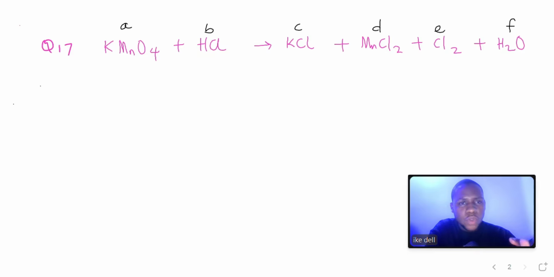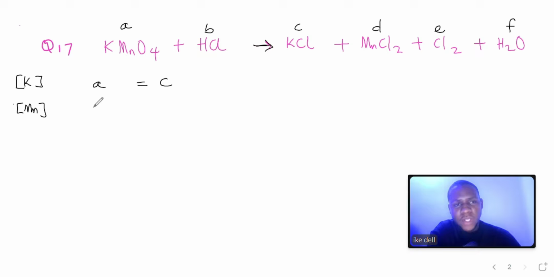Okay. So A, B, C, D, E, F, right? Now we're going to compare the K, comparing potassium. On this side, we have only one potassium here. So that's like A, and then this is our arrow here. So I'll say equals, and then I'll say C because potassium is only one here. Then I'll compare another thing, which is Mn.